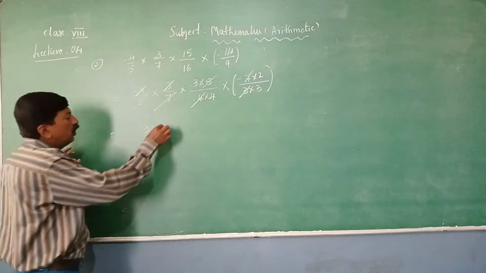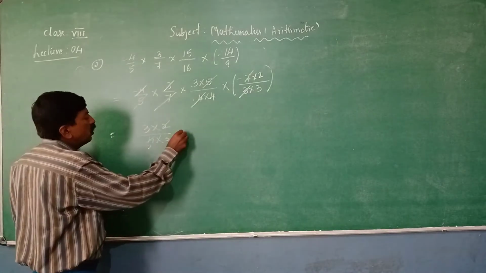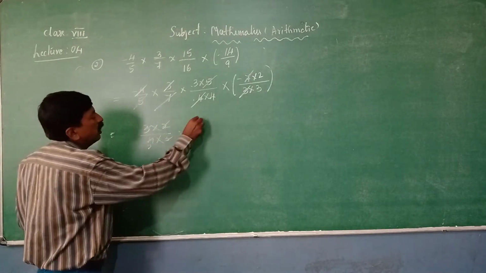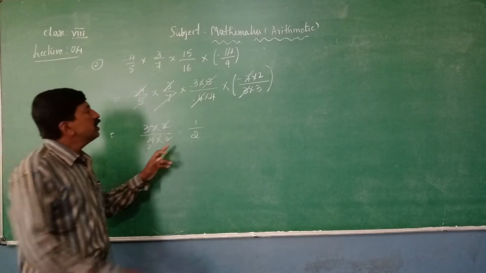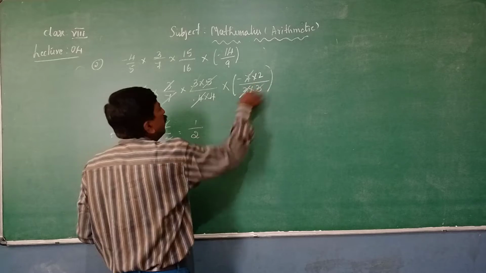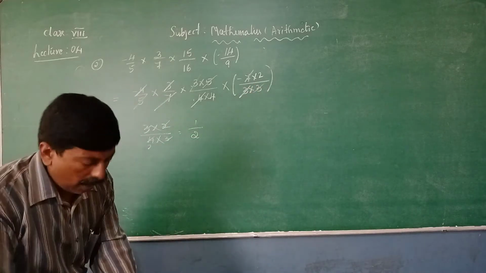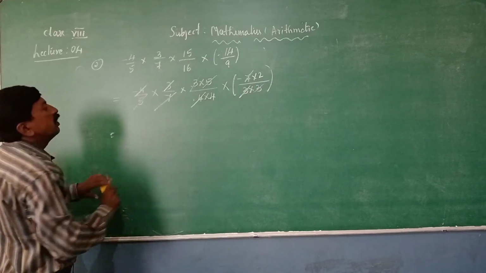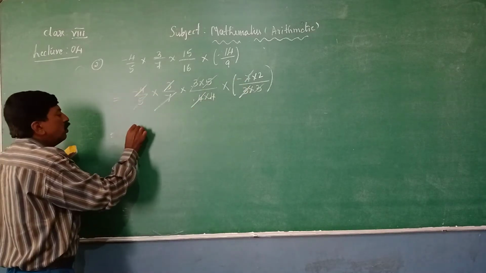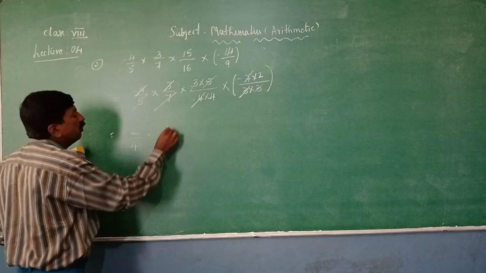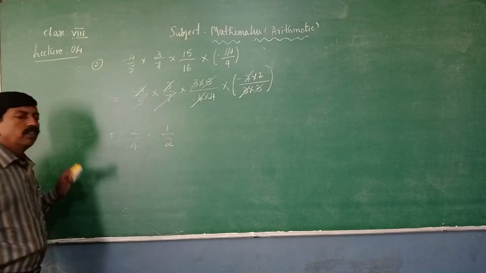Again, 3 and 3 cancel, so remaining 2 by 4, which is nothing but 1 by 2.